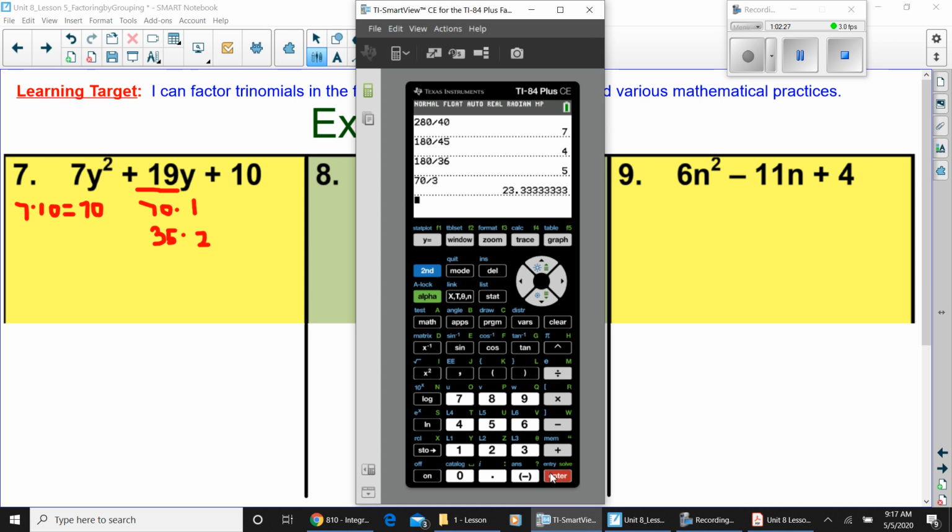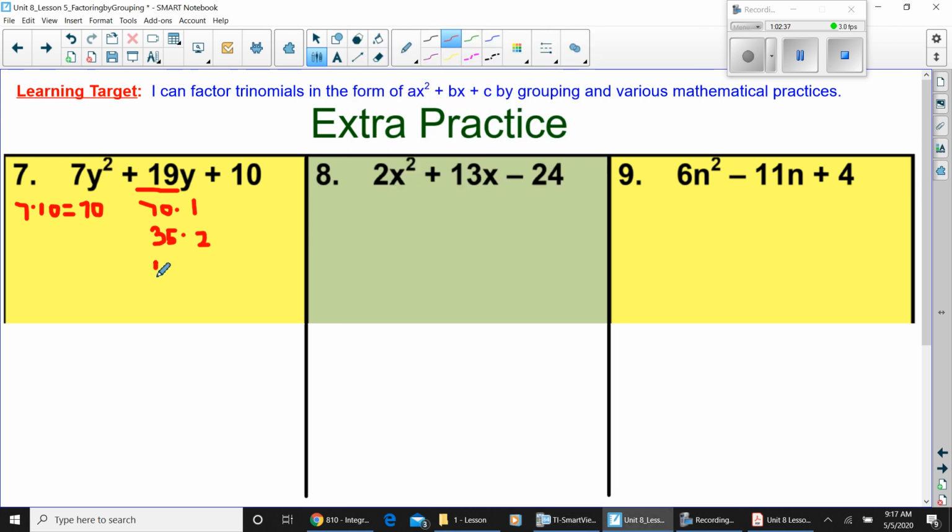No, it doesn't. 5 goes into 70, so I would do this. Okay, so 14 times 5, and I got it. So you just have to know multiples. Just try numbers in your calculator. Just don't sit there and think about it. It's not going to come to you. I'm not really sure what two numbers multiply to 70 that add to 19. But now I have them.